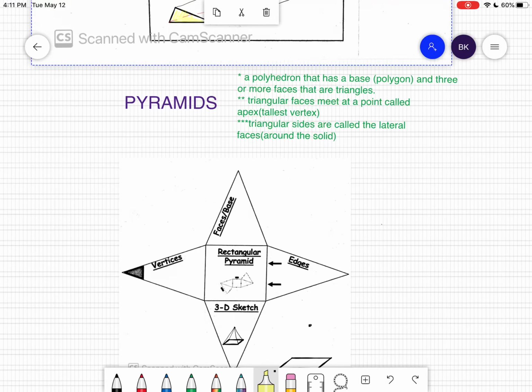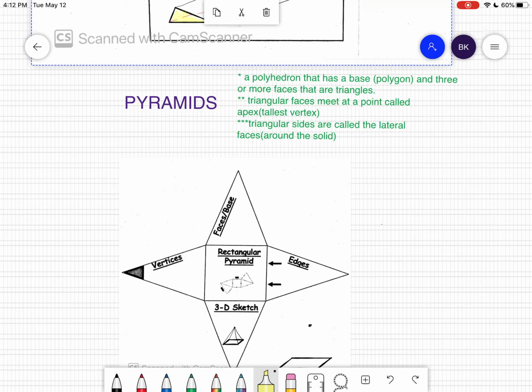Here we go. We have pyramids, and you should be pretty familiar with pyramids, right? Because in 6th grade, I think you study that. So pyramids are 3D solids or polyhedrons that have a base, which is a polygon, meaning a rectangle, a square, and a triangle, and 3 or more faces, depending on what base is, that are triangles.